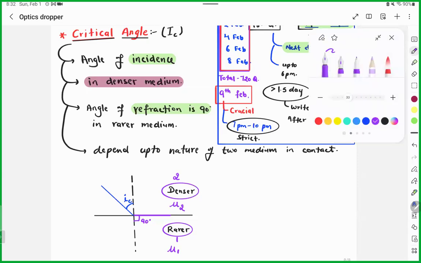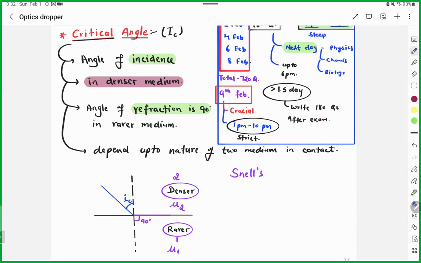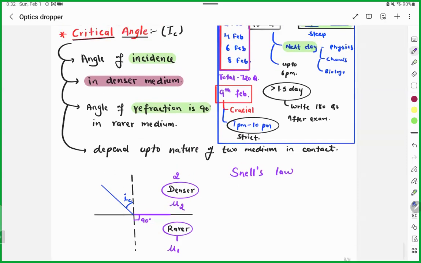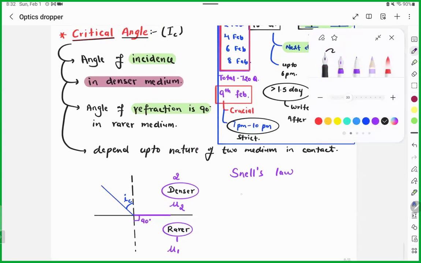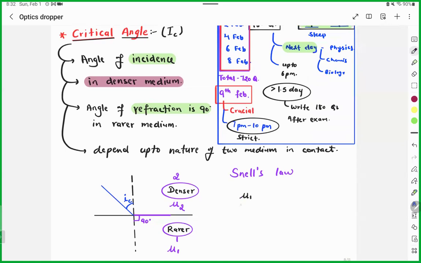If you apply Snell's law in this case, then where it is going, nu 1, from where it is coming, nu 2. Correct? It is going from 2 to 1, so nu 2 1 will be equal to sine IC divided by sine 90, because the value of r is 90.